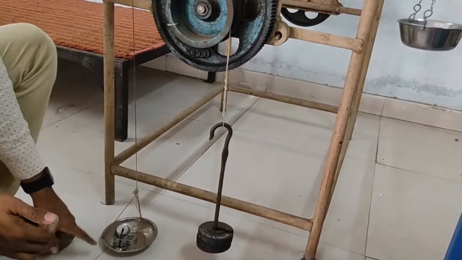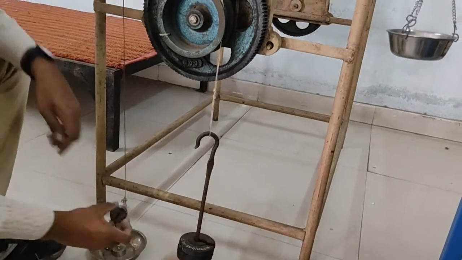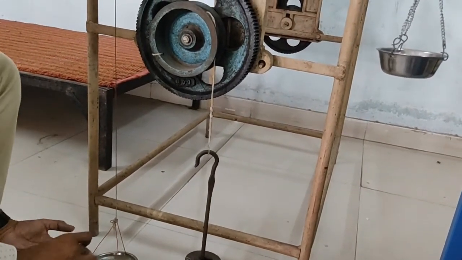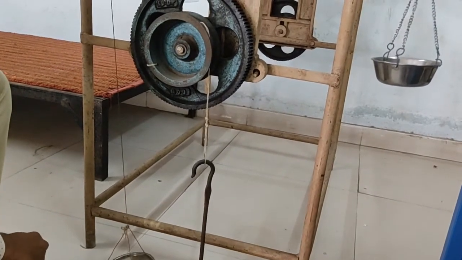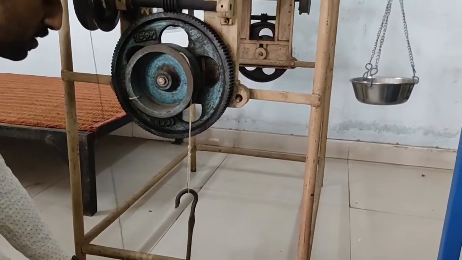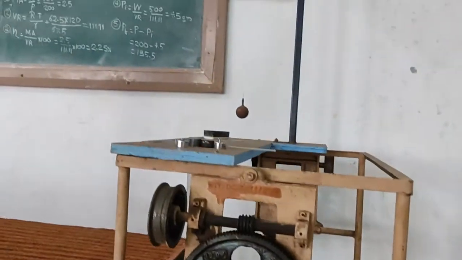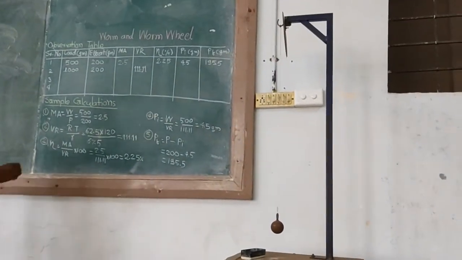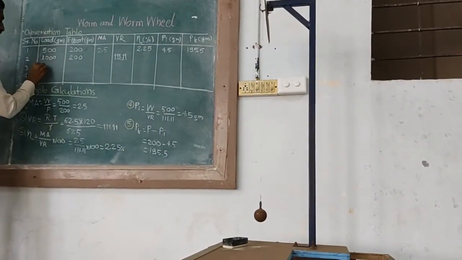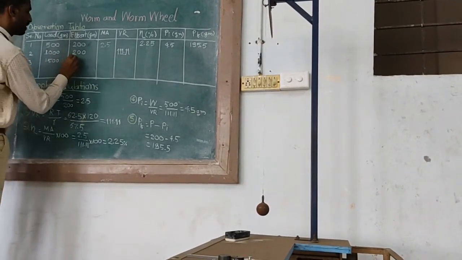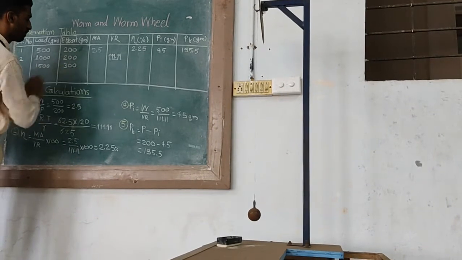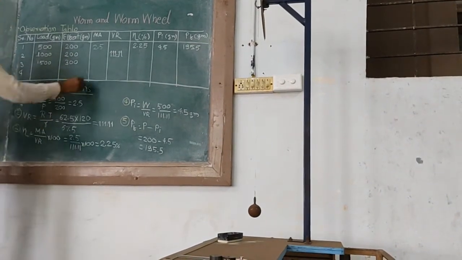So now for reading number 3, the total load is 1500 gram and effort required is 300 gram. I am going to write down this value into the observation table. For reading number 3, load lifted is 1500 gram and effort required is 300 gram.